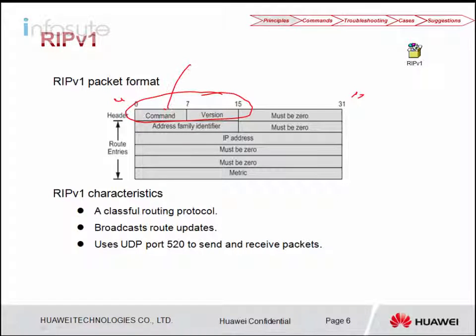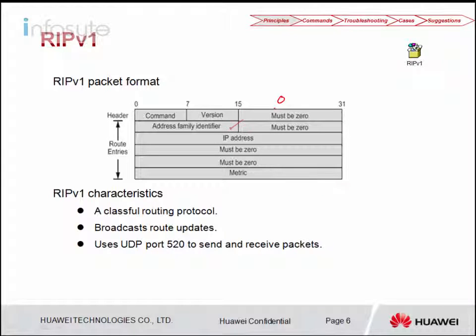The command has two values: value 1 refers to a request and value 2 refers to a response. The version is either version 1 or version 2. This field is mainly 0, not being used.